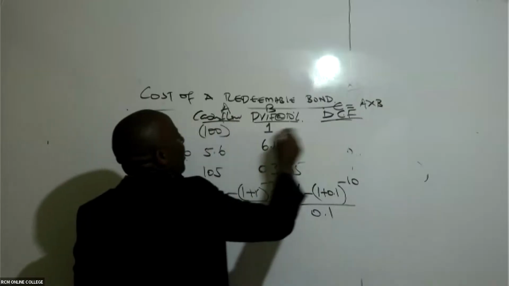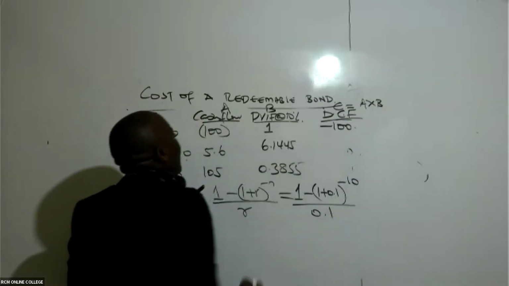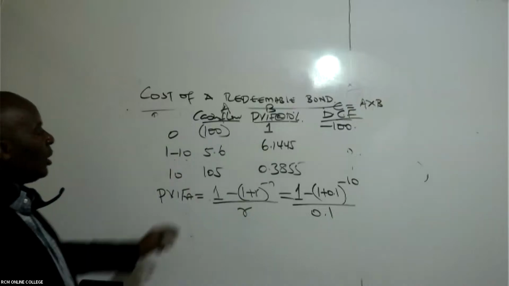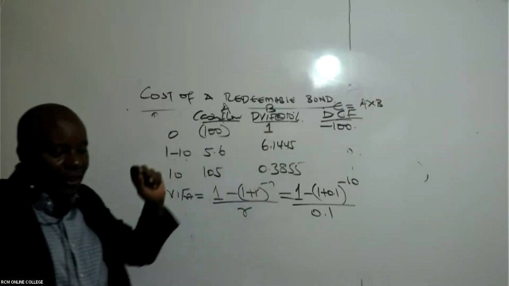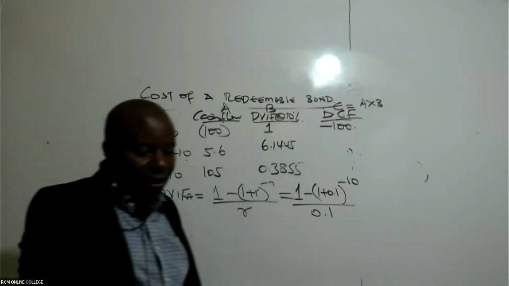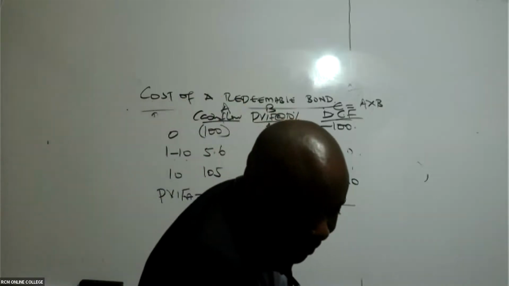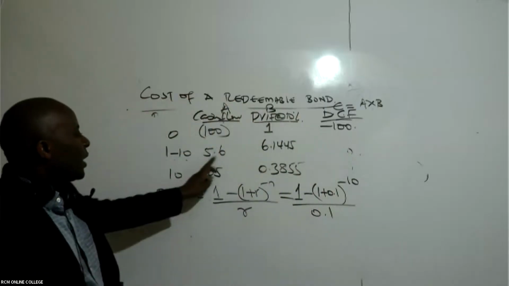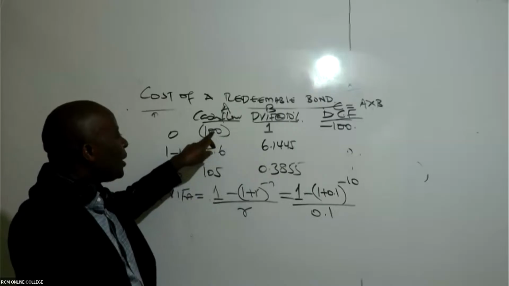The first one will be minus 100. The second one will be this times this. What figure are we getting there? Why am I putting this in brackets?